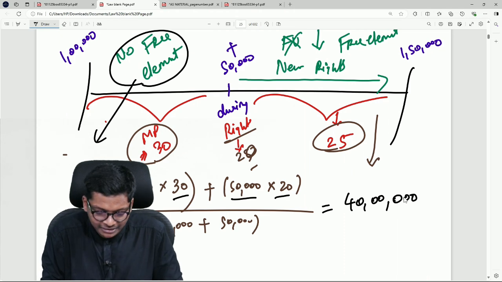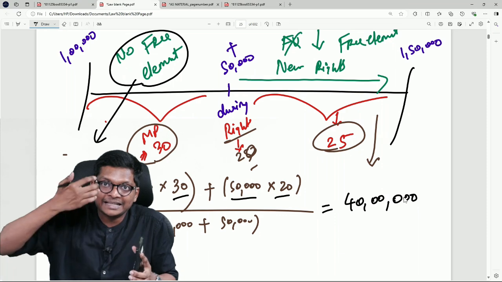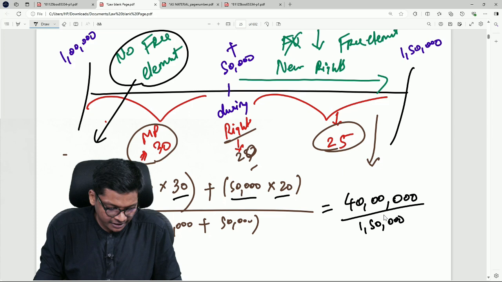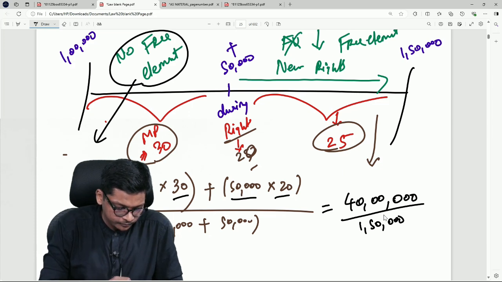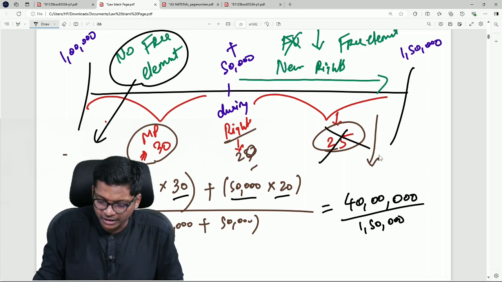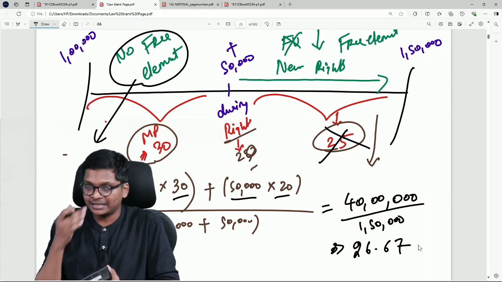So this 40 lakhs is the overall investment of mine in the company. If I divide this 40 lakhs by 1 lakh 50,000 shares, you will get 26.67, correct?